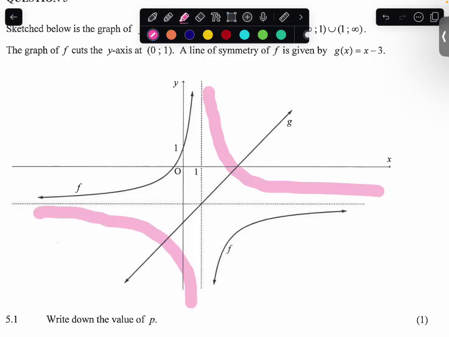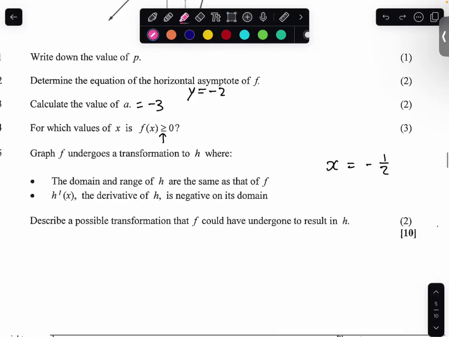Domain and range would be the same if it reflects there or it reflects there. Okay, so the domain and range are the same for h and f. h prime, the derivative, is negative on its domain, okay? And then describe a possible transformation that f could have undergone to result in h.